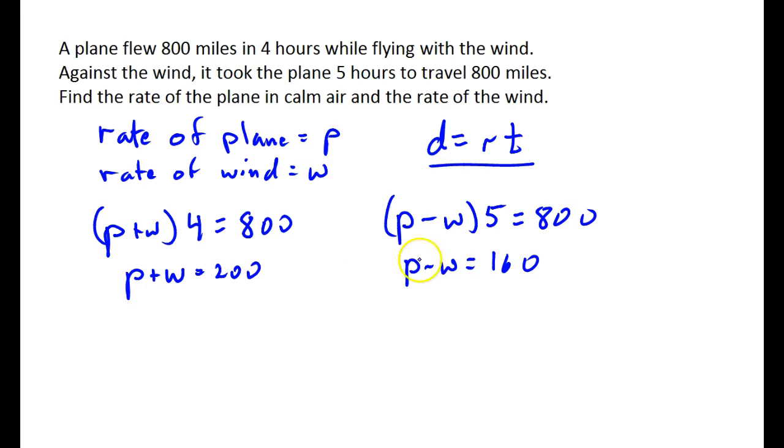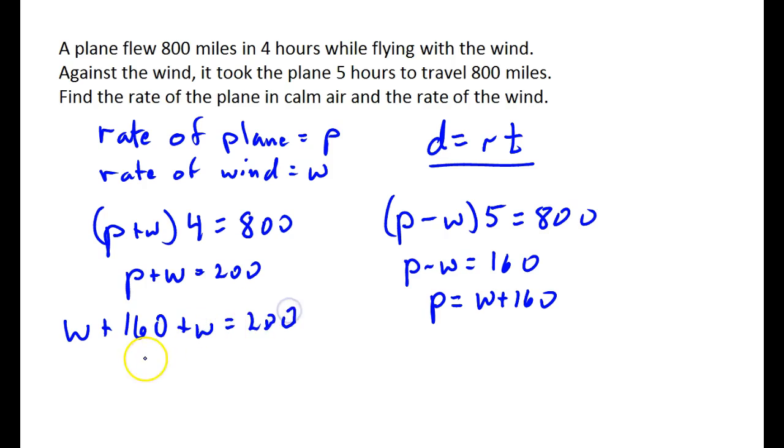So we could do a substitution, couldn't we? P equals W plus 160. I'm going to put this W plus 160 in for P, so I get W plus 160 plus W equals 200. 2W plus 160 equals 200. 2W equals 40.